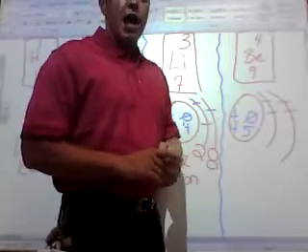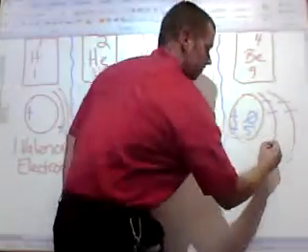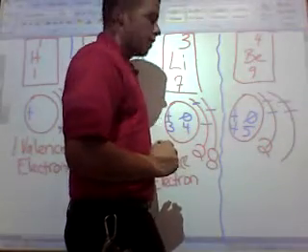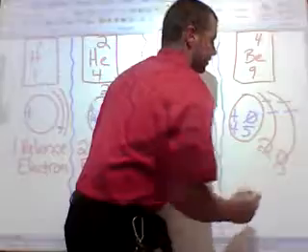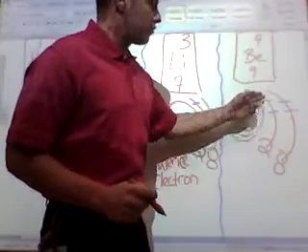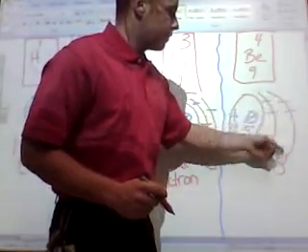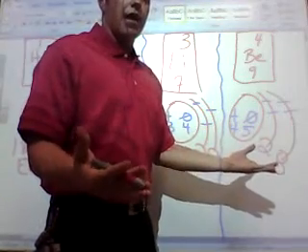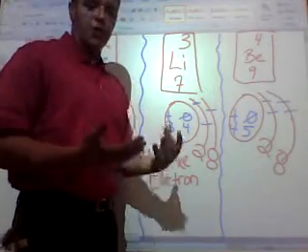Now let's determine how many valence electrons I have. I know this first energy level can hold 2 electrons. The second energy level can hold up to 8. Since we only have 2 left over, I know that it can be on this second energy level. Now let's determine how many valence electrons beryllium has.